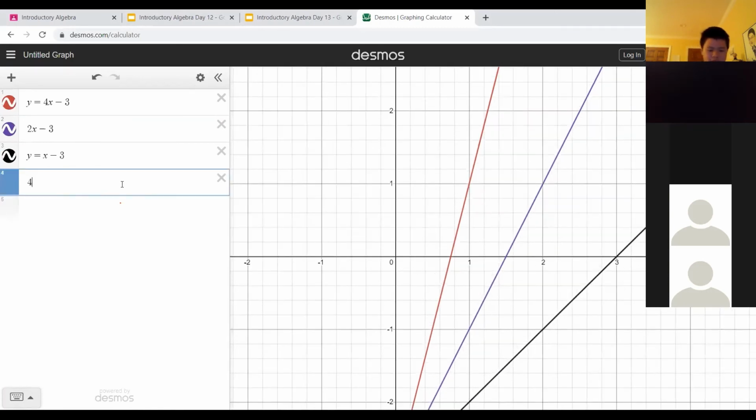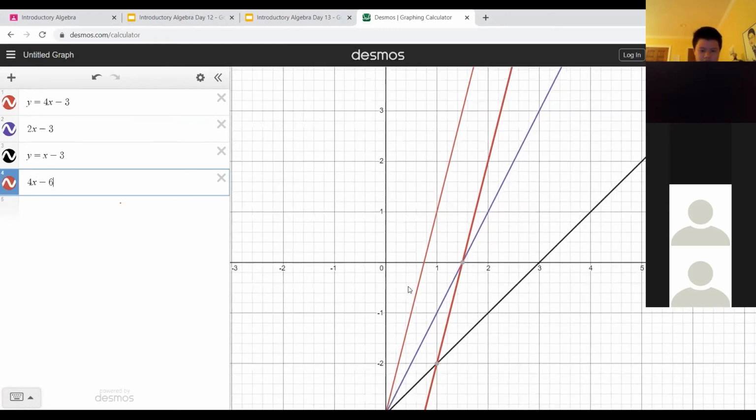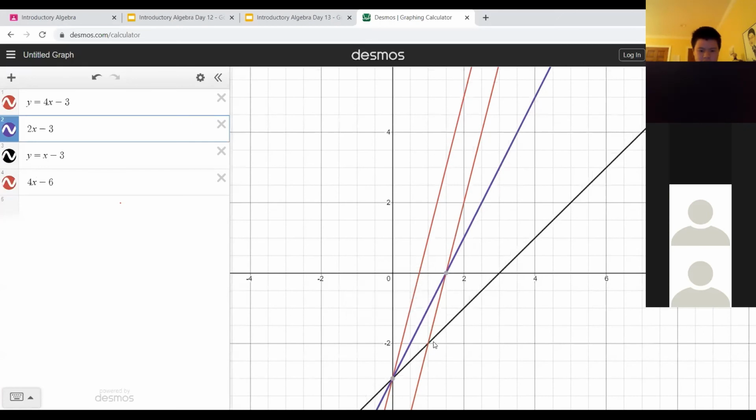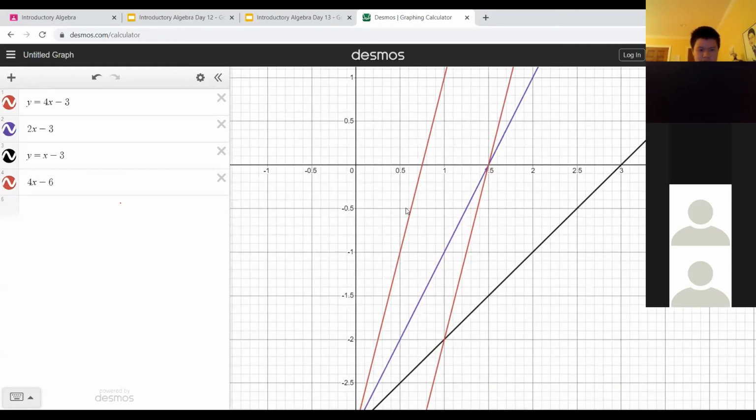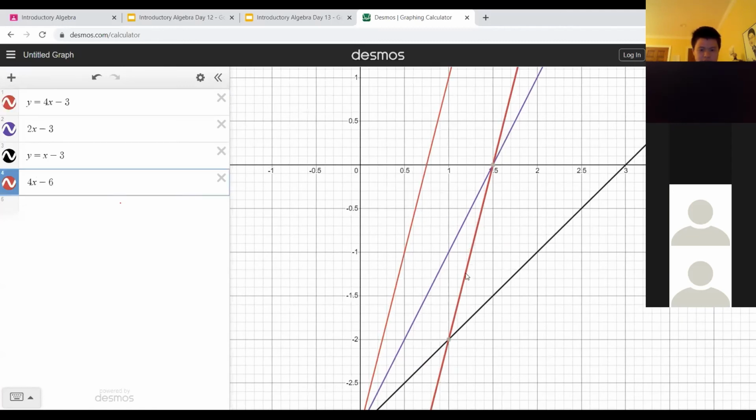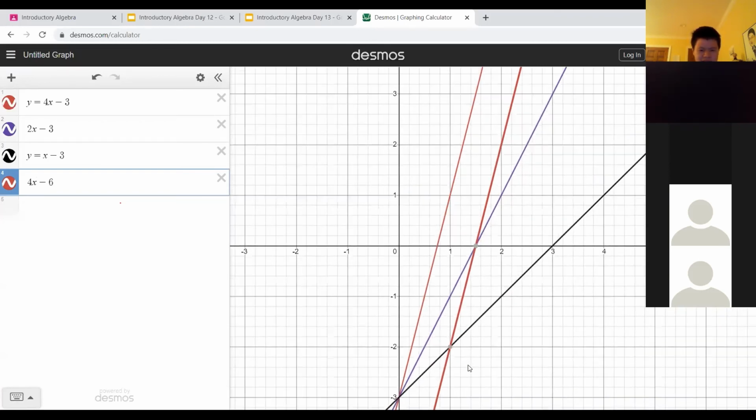Now let's do it by the y. So this is the original, it expands. It actually expands.